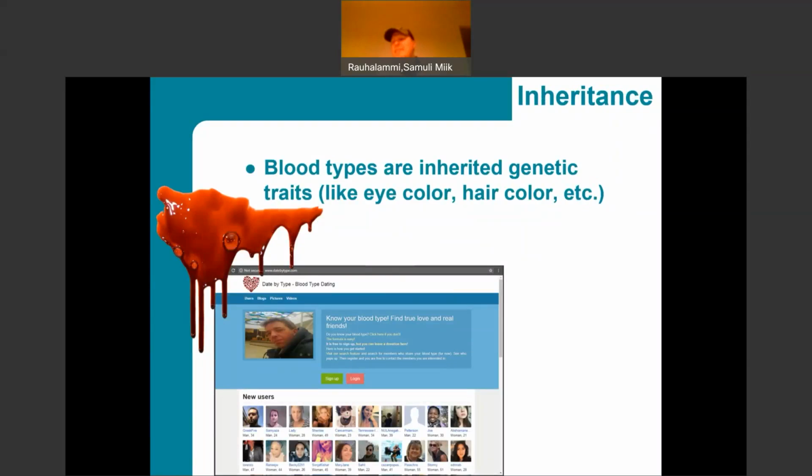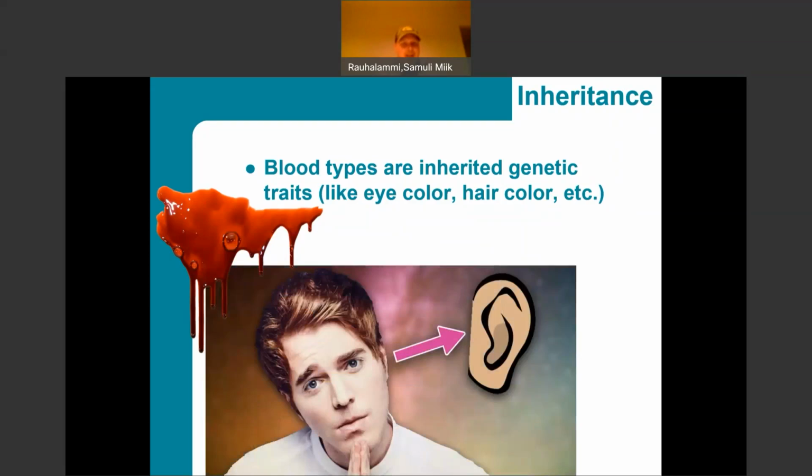The other thing it makes me think of is that we have inherited traits. One of the many traits that we inherit from our parents is, for example, whether your earlobe is attached or non-attached. So do you think that would be a good cause for choosing your partner, dating based on earlobes? I don't think you think so, and I certainly do not. So we're not going to go there.